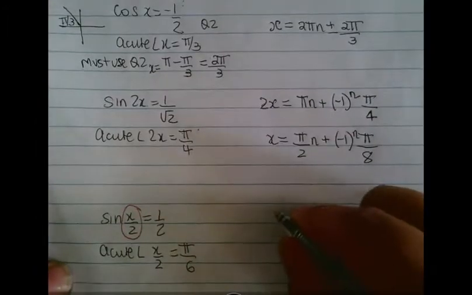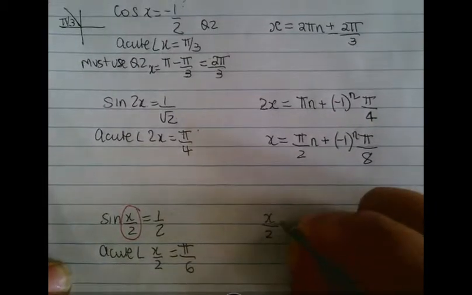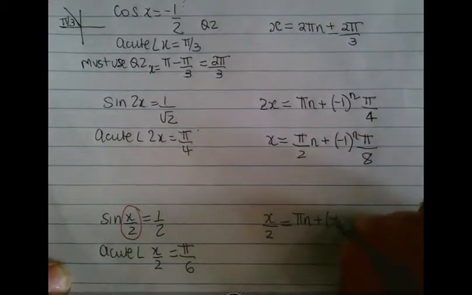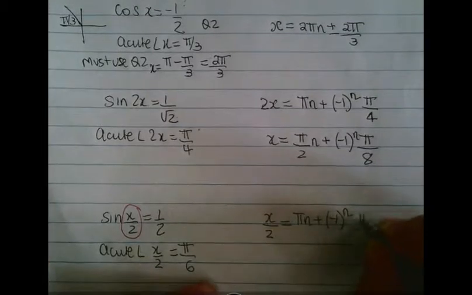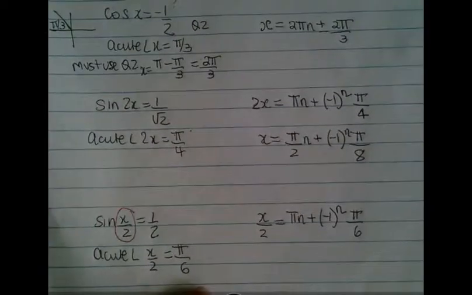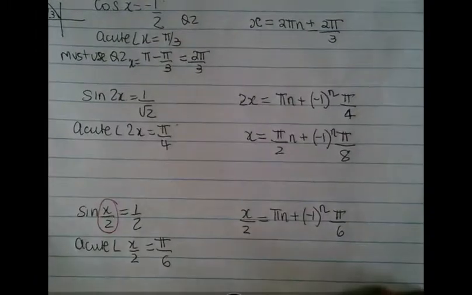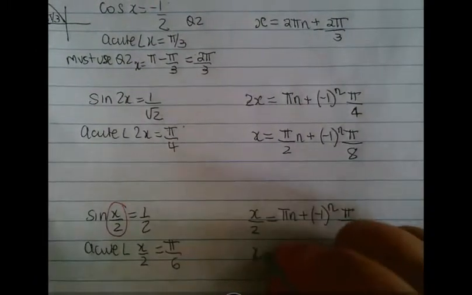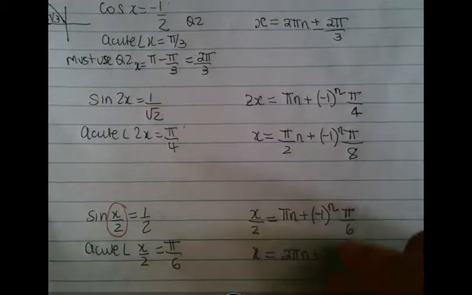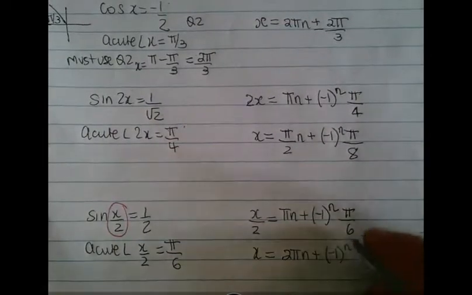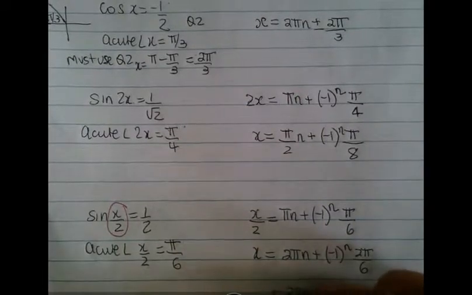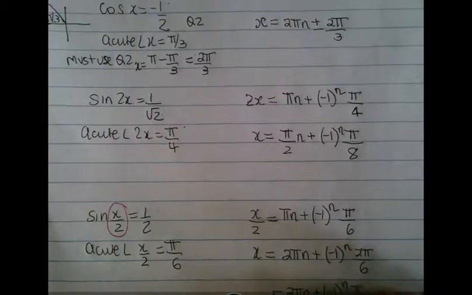So my formula for the sine general solution is that x on 2 is pi n plus negative 1 to the power of n times my acute angle, which is pi on 6. Now remember, I'm trying to find the general solution for x. What do I do? Times everything by 2. So it's 2 pi n plus negative 1 to the power of n times 2 pi on 6, which is pi on 3.